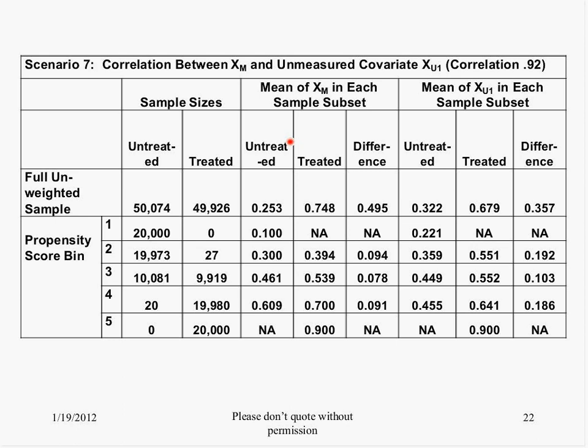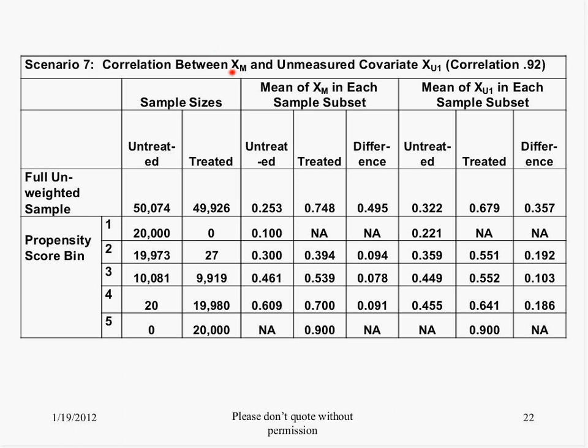But scenario 7 is a representative scenario; remember we went from scenarios 4 to 8, where we increased the proportion of the unmeasured covariates that were related to the measured covariates. In scenario 7, there was 92% correlation between XU1 and XM.